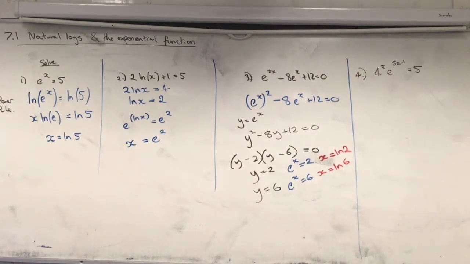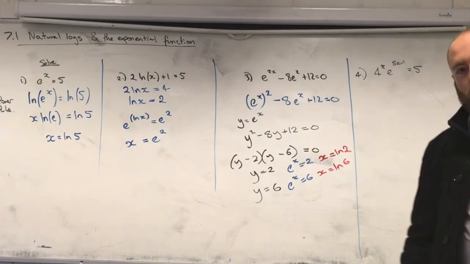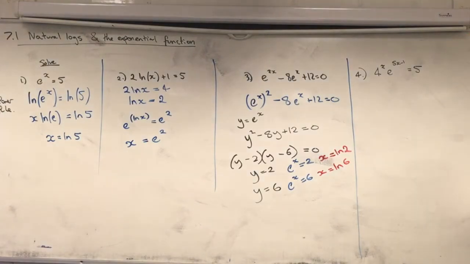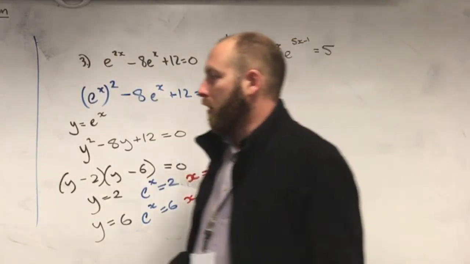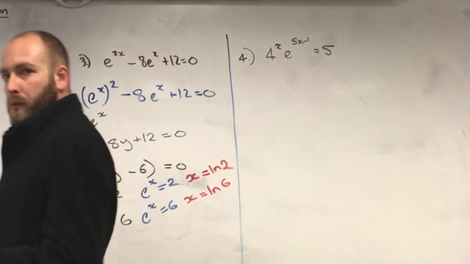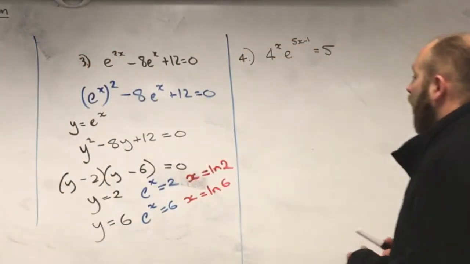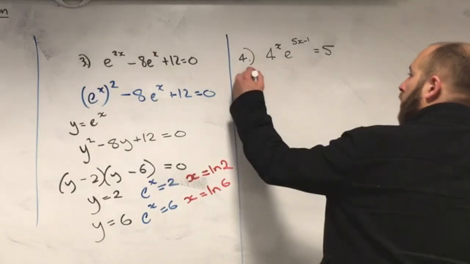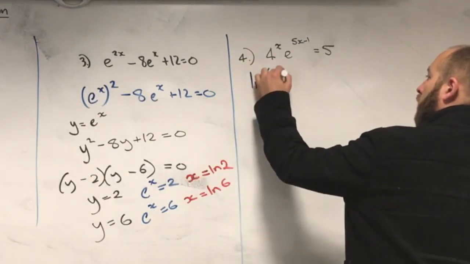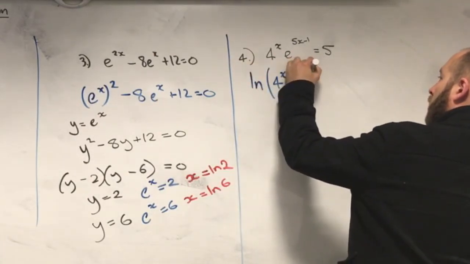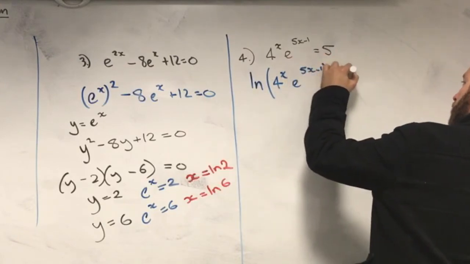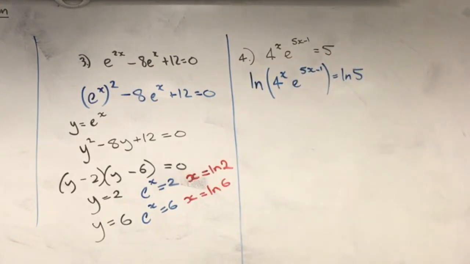Okay, the next one is slightly more difficult. So we're going to have to log this and then use some different log rules. Because ln is still a log, all log rules apply to ln as well. I've logged both sides.